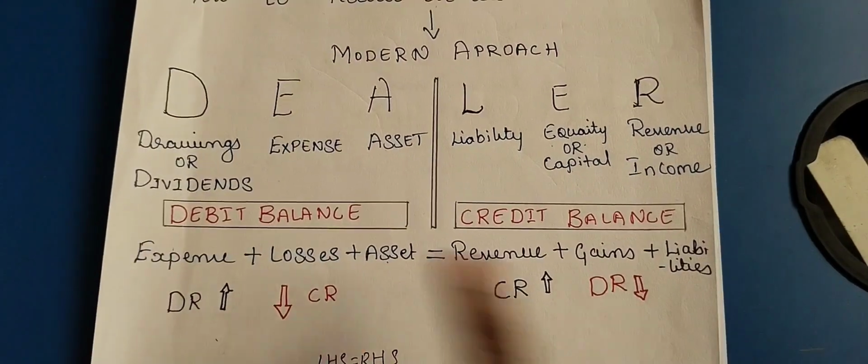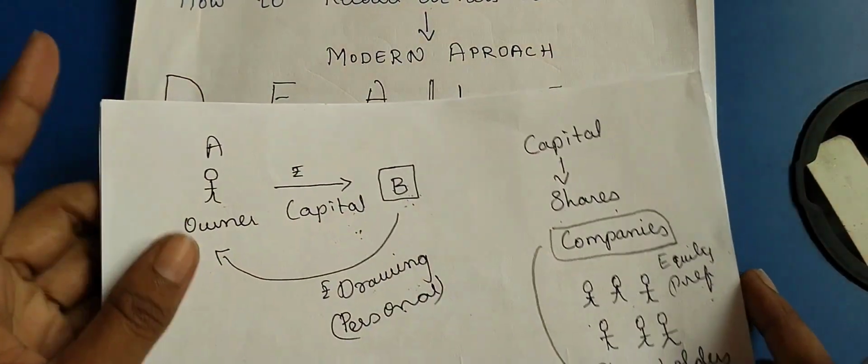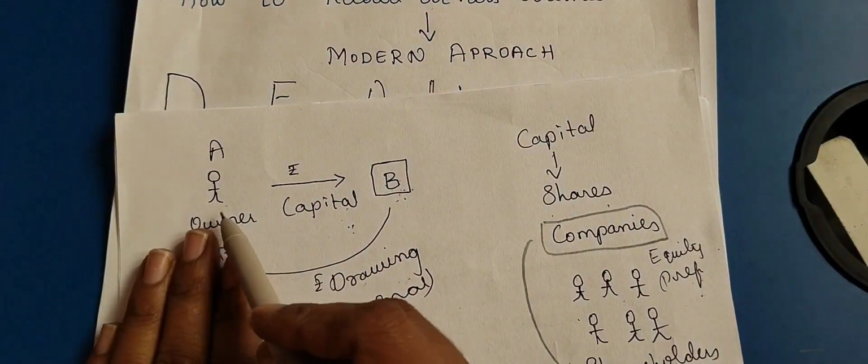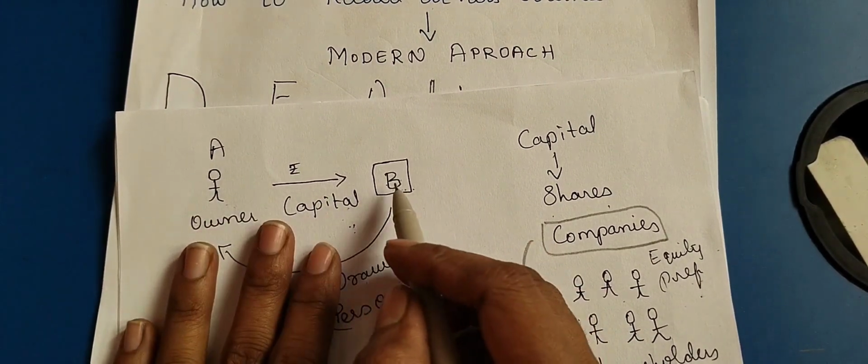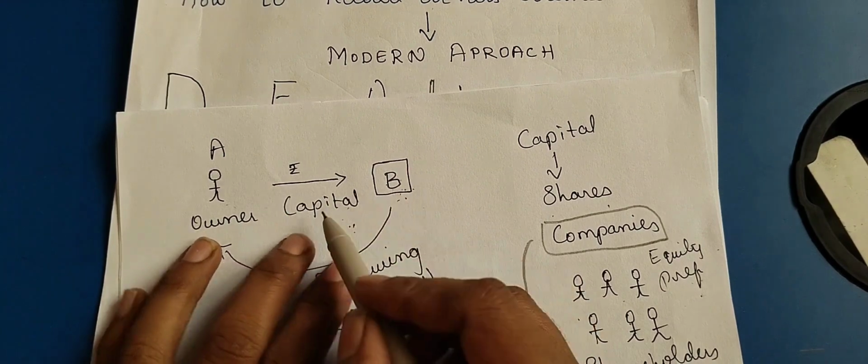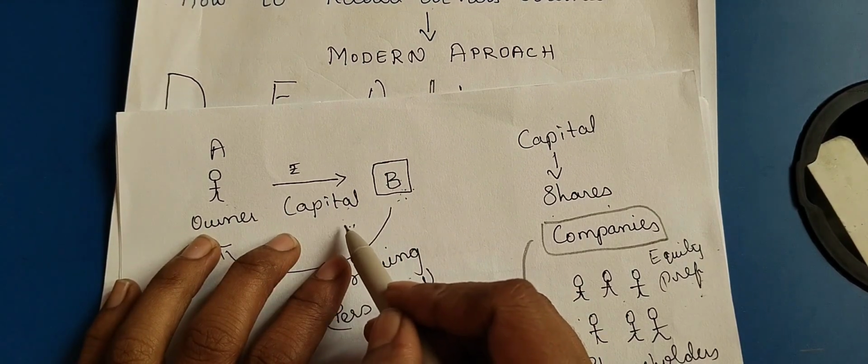Now we'll understand what is drawings or dividend. See, when the owner starts his business, he invests capital into the business, cash into the business, that is called capital.